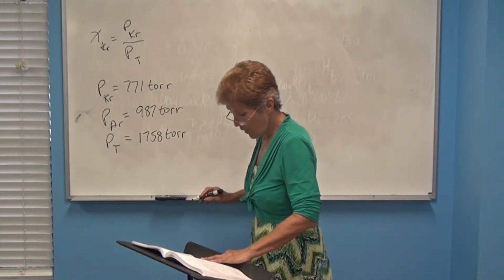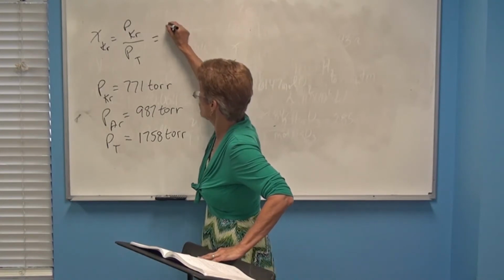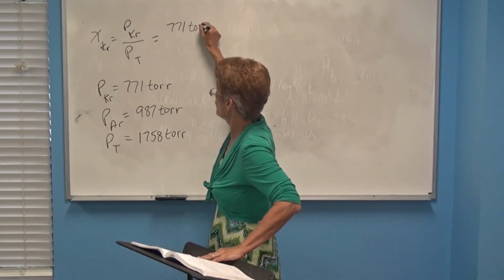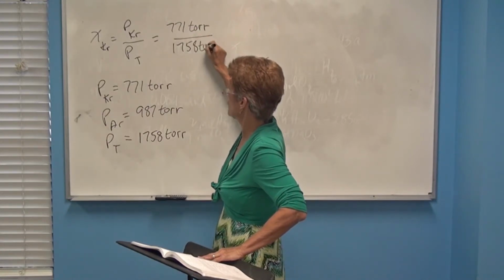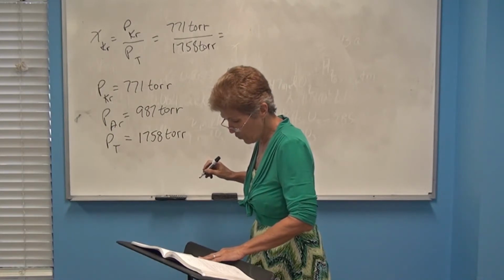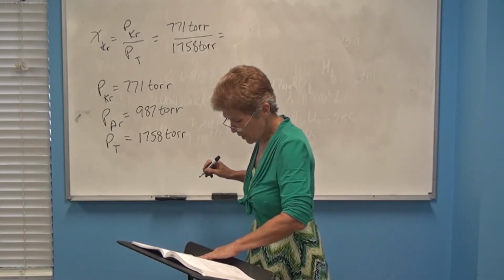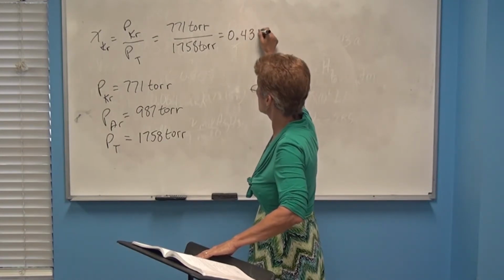So let's get the mole fraction. And so to get krypton, we're going to go 771 torr divided by the total, which is 1758 torr. And so the mole fraction for krypton is going to be 0.439.